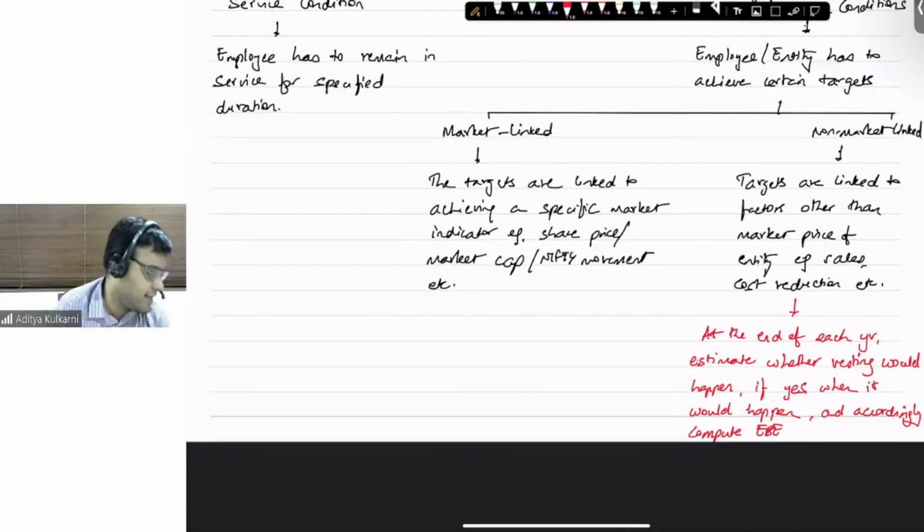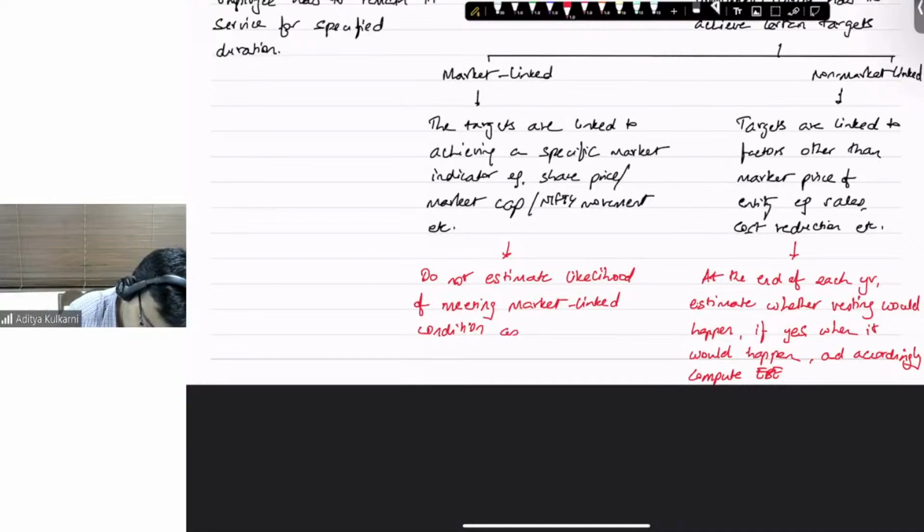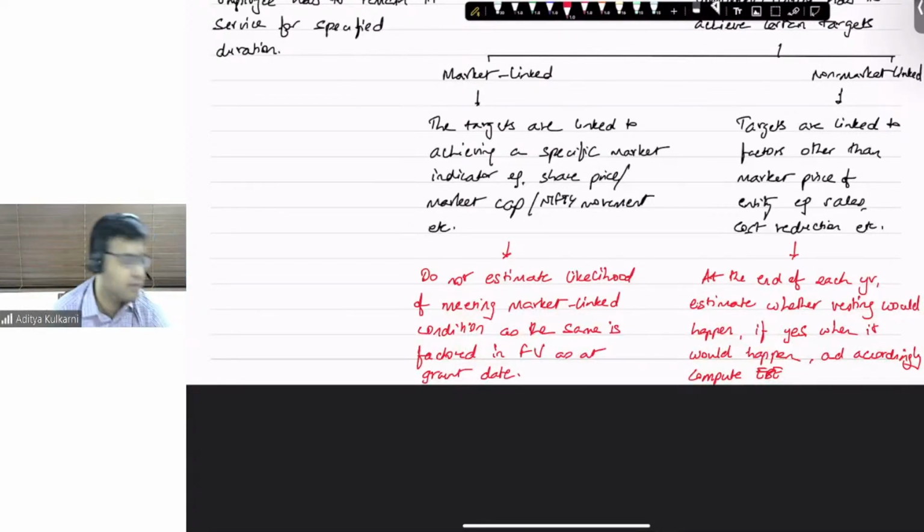Whereas in the case of a market linked performance condition, do not estimate the likelihood of meeting the market linked condition, as the same is factored in fair value as at grant date.